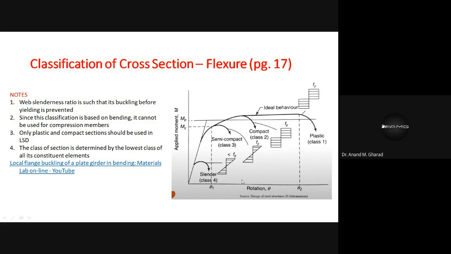More material will be required in order to sustain the load, whereas over here the amount of material used will be comparatively less. Here it will be further less, and here it will be the least. So somewhere we are slowly heading towards economy, keeping in view all the technical details.